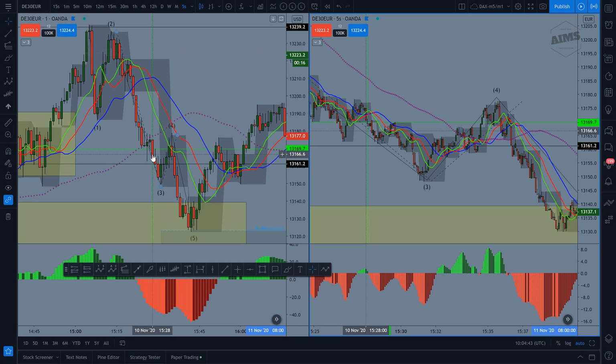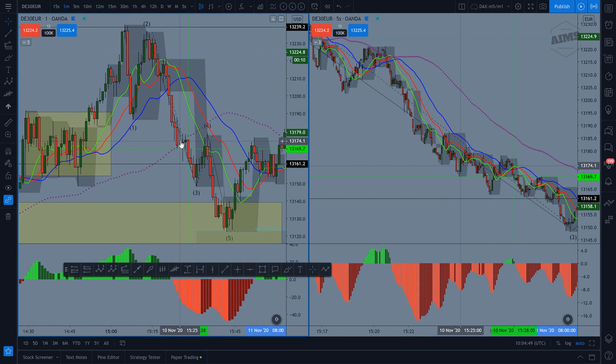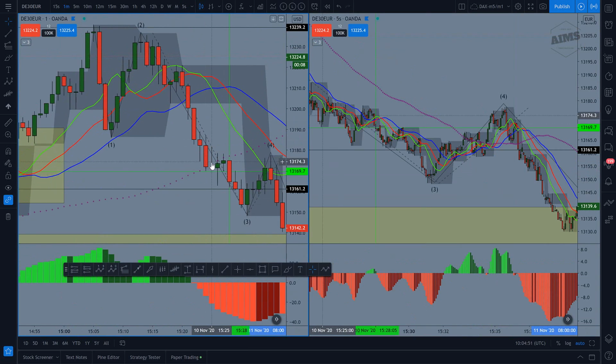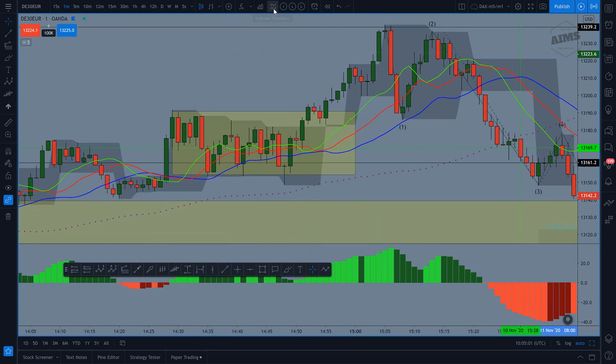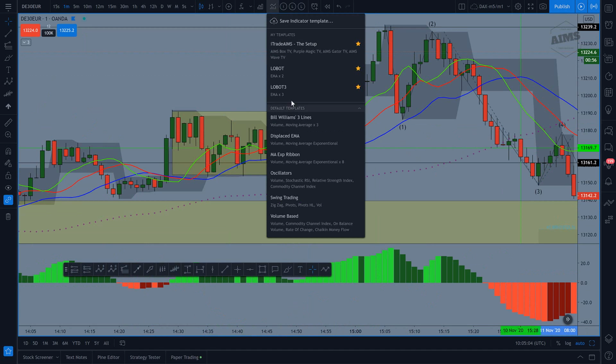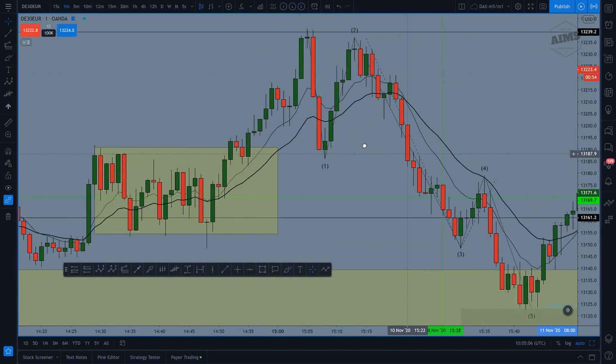We want more like a pause. We don't want a proper pullback, like what you see with this. It's a pause. If you look at it, I know it's a bit away from the MAs, but the proper way of looking at it would be with the low bot.